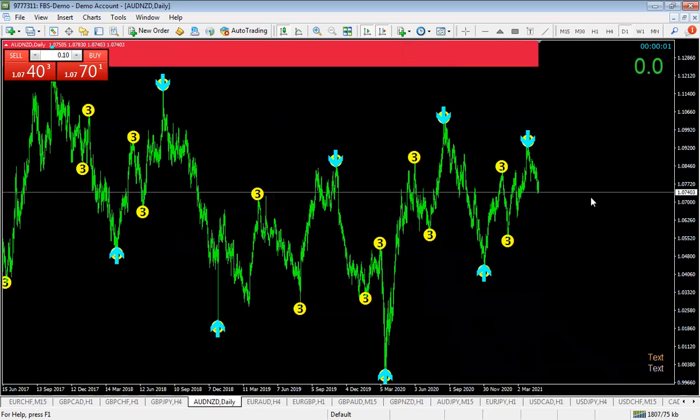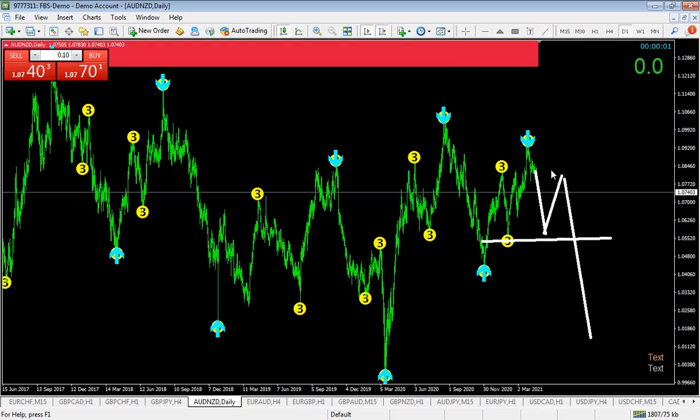Okay. So we can't find it. It would be nice if this one can come here and then retrace up here, coming right down here to give a kind of horizontal neckline, and then bounces up here, and then comes back down to break here.